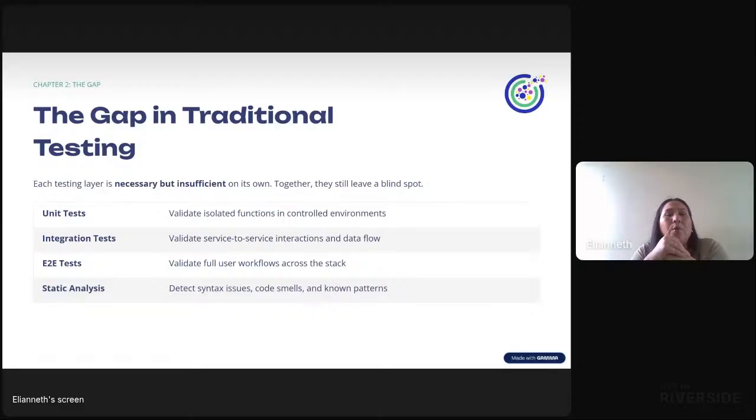For example, unit tests can validate isolated functions or control flows. Integration tests can validate service-to-service interaction and data flow. With E2E tests, we can validate user workflows across the whole stack. But the thing with logic bugs is that they don't crash, so none of these tests are actually designed to catch them. And if we don't catch them, then we can ship a product to production with a bug in it.